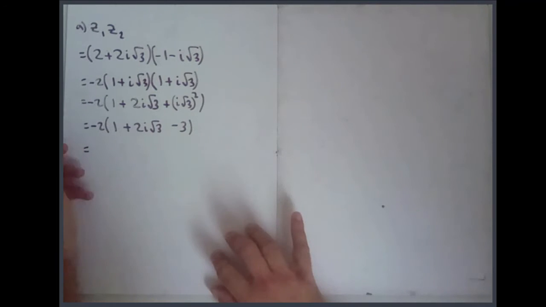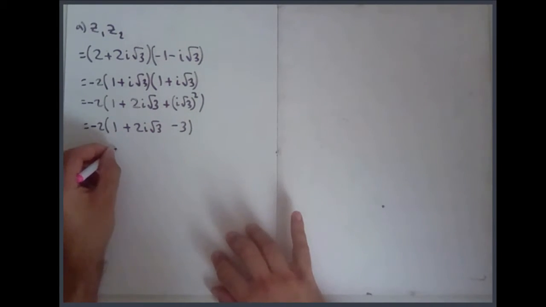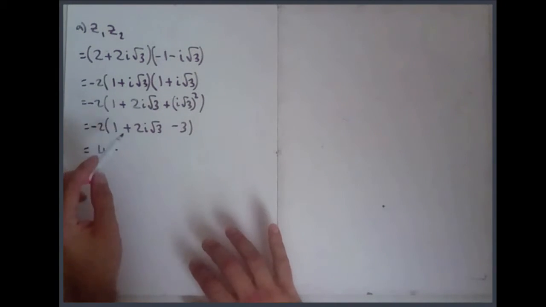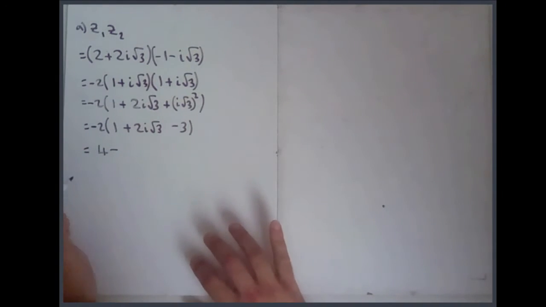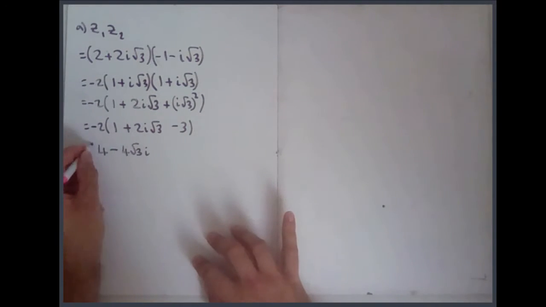So now this equals, the 1 minus 3 is minus 2, minus 2 times the other minus 2 is 4, minus, then you've got 2 times 2 is 4, it's minus 4 root 3 i, okay?